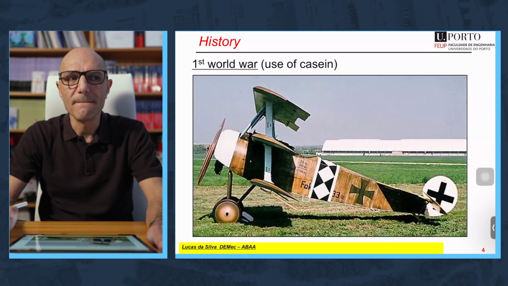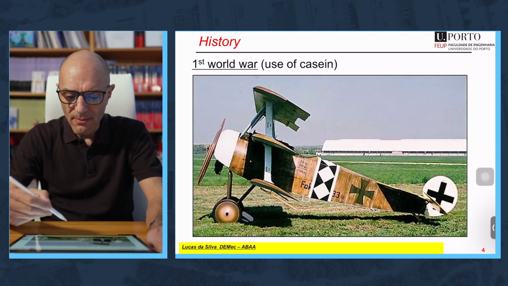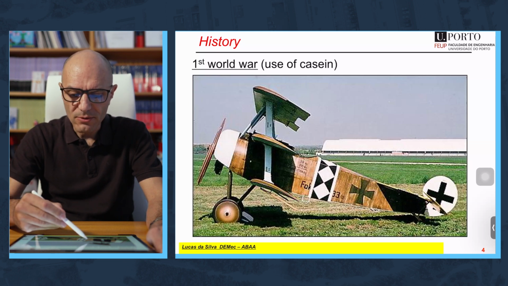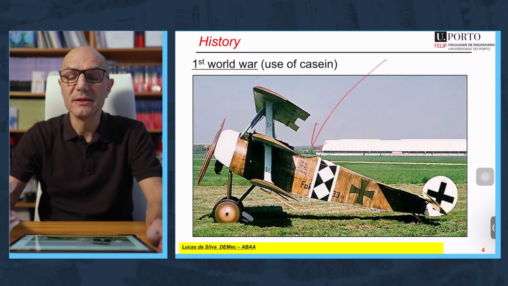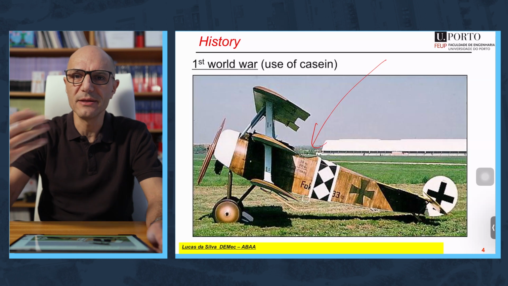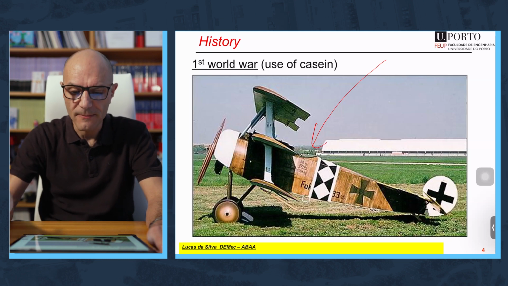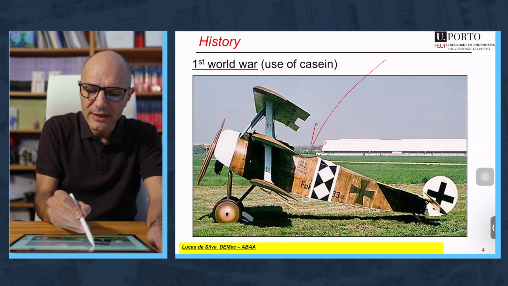Fortunately, we have better examples in the past about the use of adhesive bonding. This is a plane used in the First World War, made of wood. At that time, there was still no duralumin, high-strength aluminum, and there were still no synthetic adhesives like phenolics or epoxies. So they had to use natural adhesives, and they used casein.